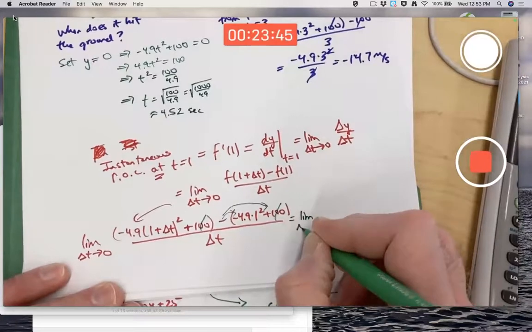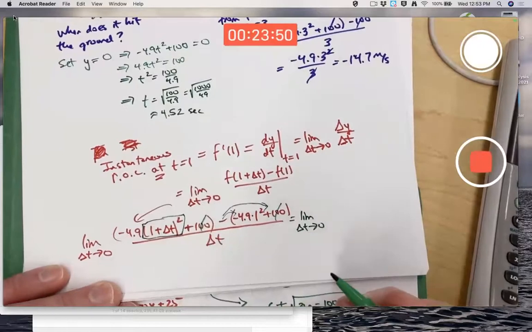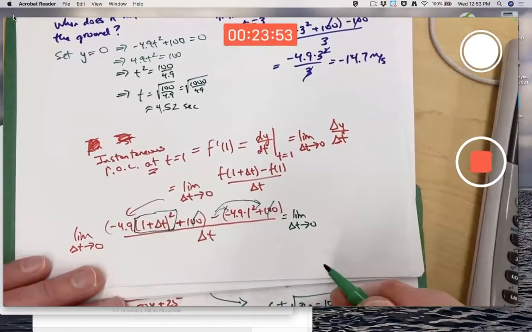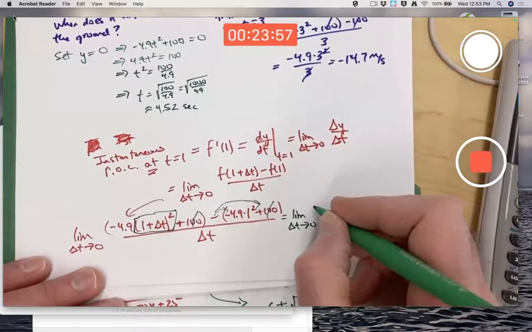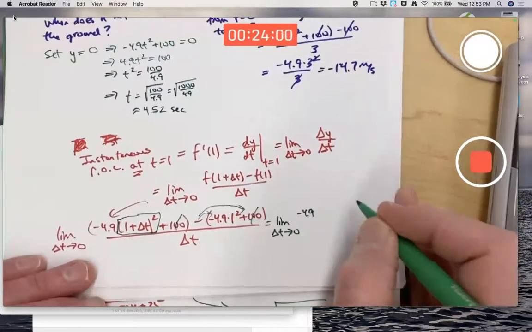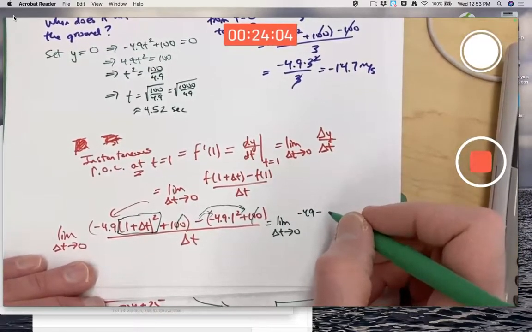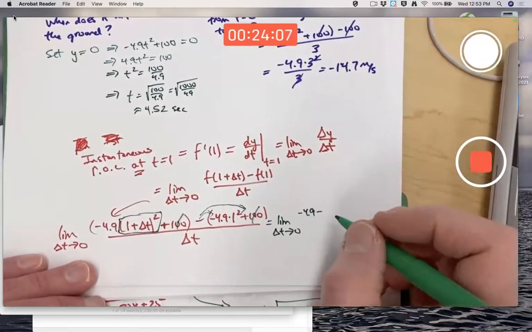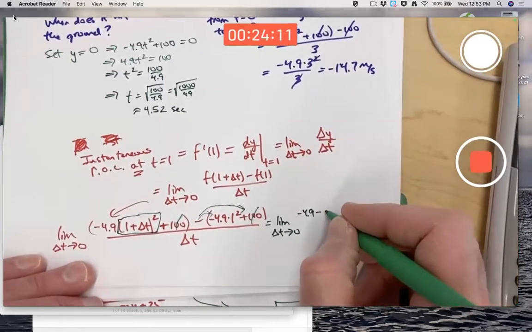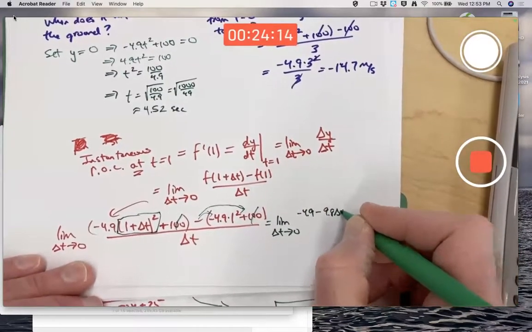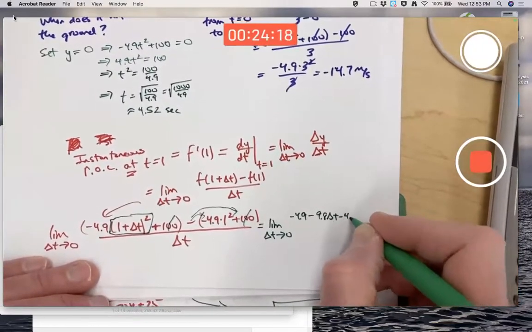If I expand this binomial, FOIL it effectively, 1 plus delta t times 1 plus delta t, and then multiply by negative 4.9, I'll get negative 4.9 plus 2 times negative 4.9 times delta t, which is really minus 9.8 delta t. And then a minus 4.9 delta t squared.